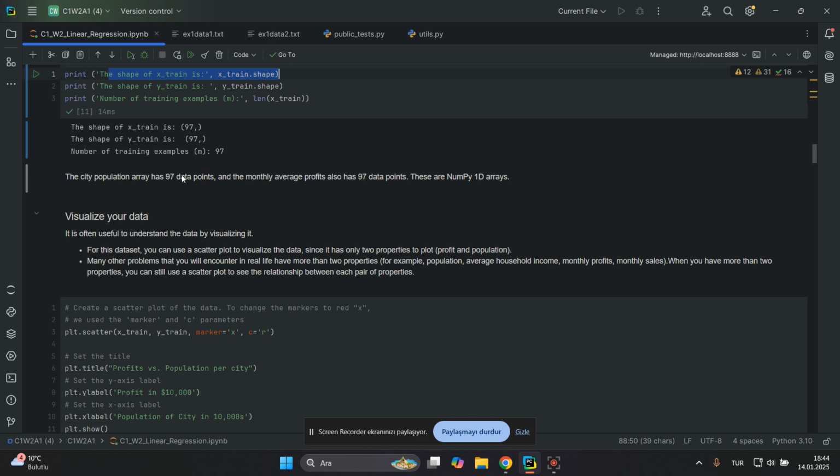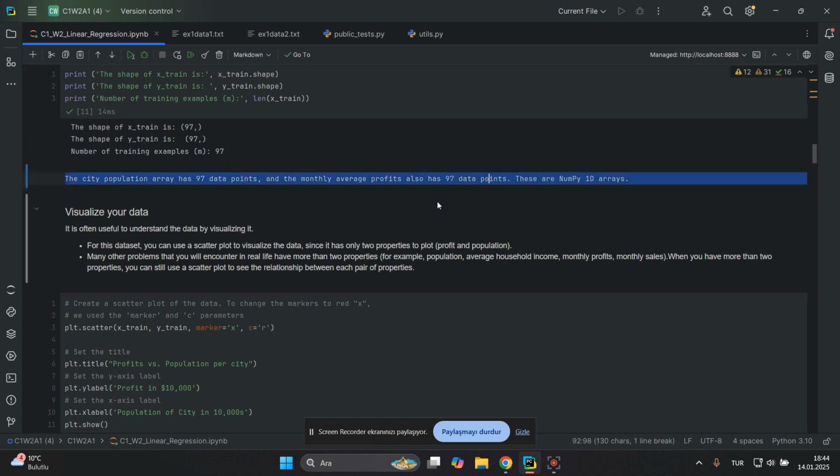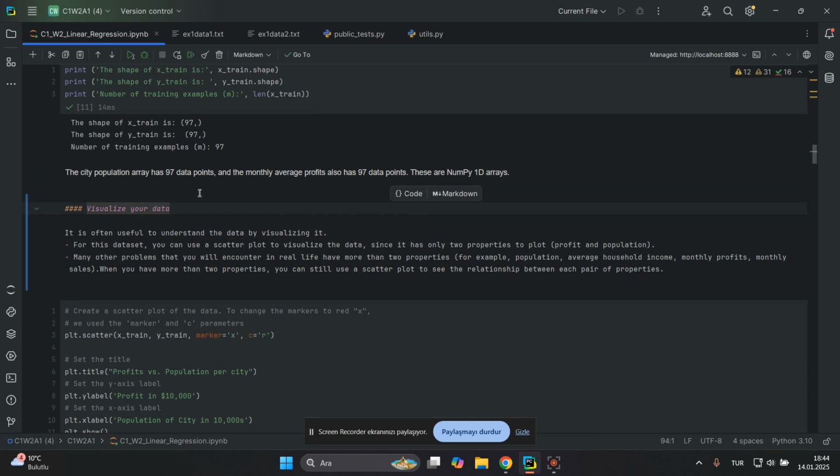The population array has 97 data points, and the monthly average profit also has 97 data points. These are NumPy 1D arrays, one-dimensional arrays actually.